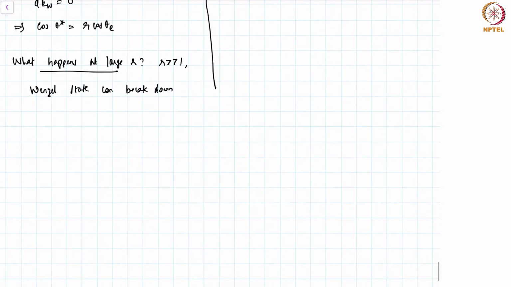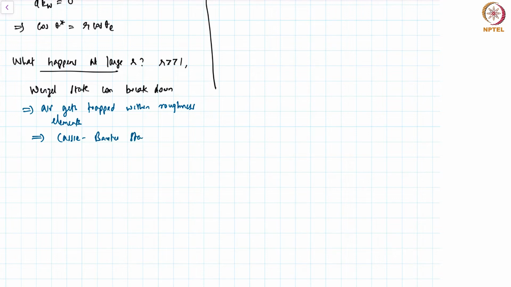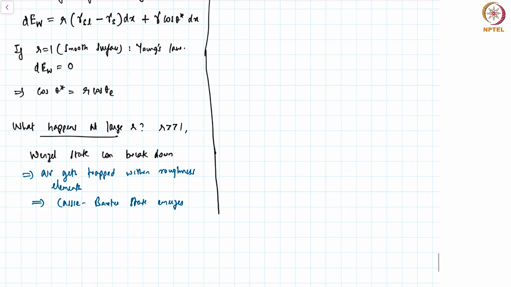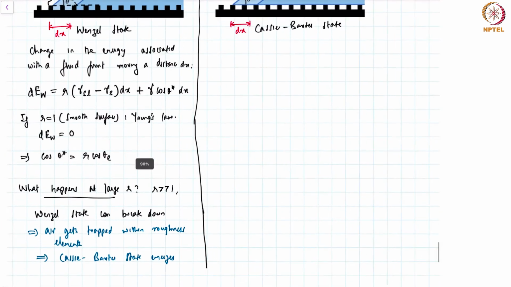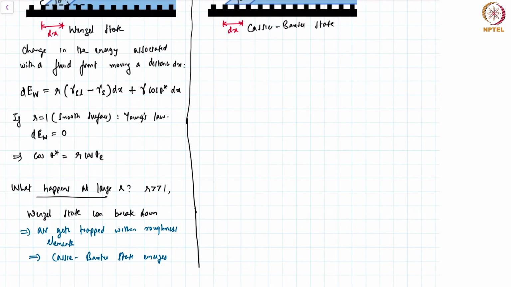Air gets trapped within the roughness elements, and then the Cassie-Baxter state emerges. So we have at least one way to look at the transition from the Wenzel state to the Cassie-Baxter state when R becomes very, very large.